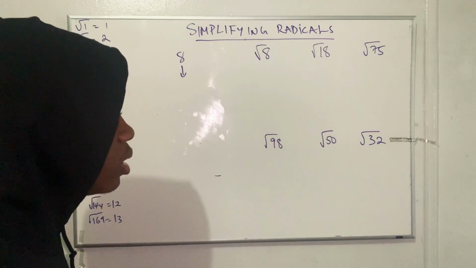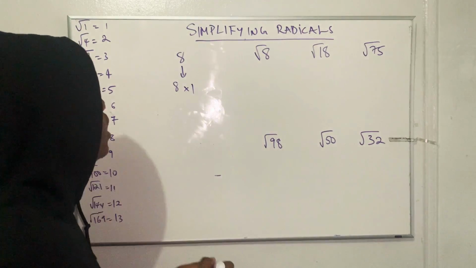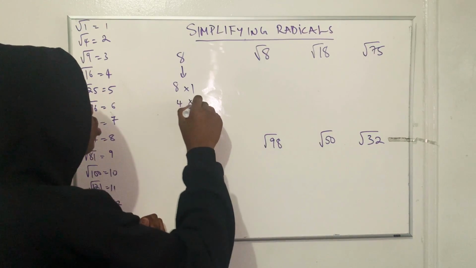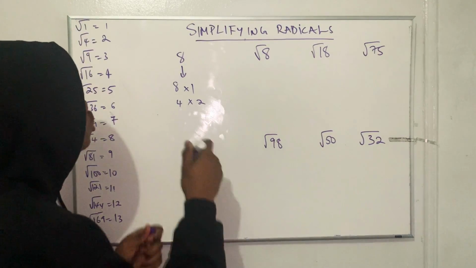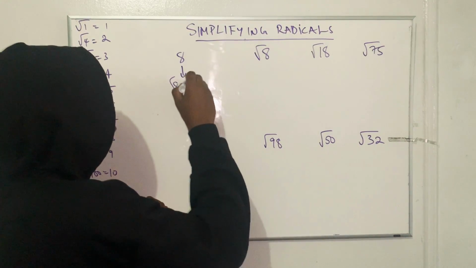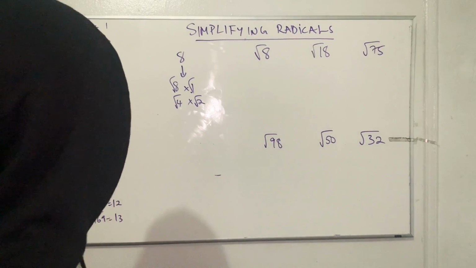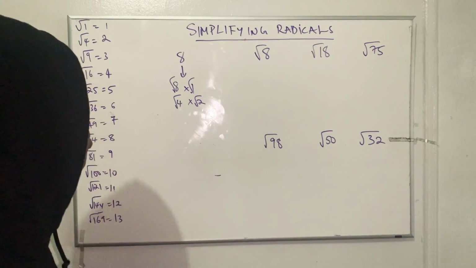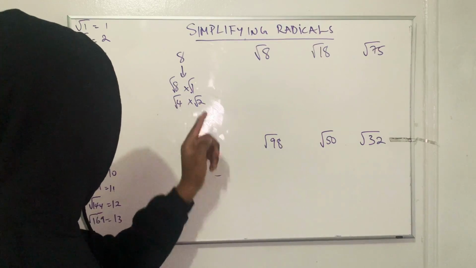But there are factors like 8 and 1, because 8 times 1 gives you 8. We also have 4 times 2 is equal to 8. When you are writing them down, make sure you write them with square roots. So we have root 8 times root 1, and root 4 times root 2.